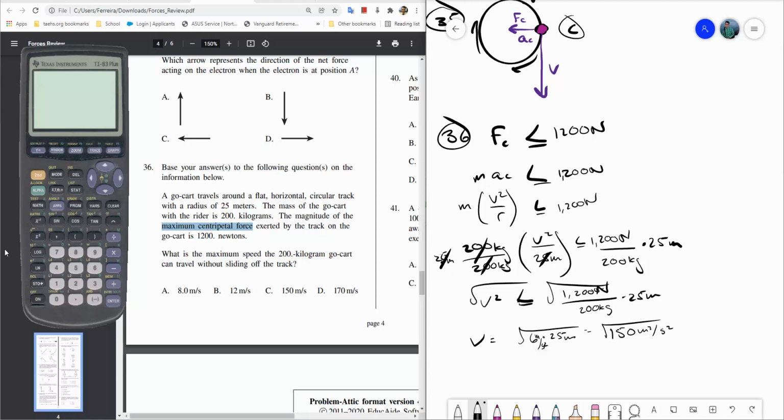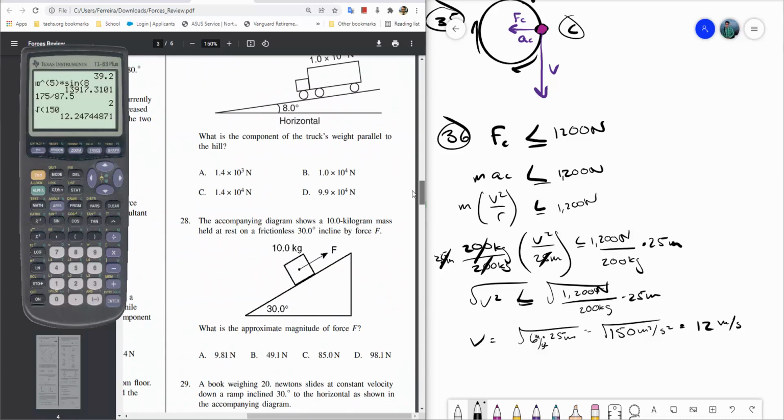And the square root of 150 gives us 12 meters per second. The answer is B. 12 meters per second.